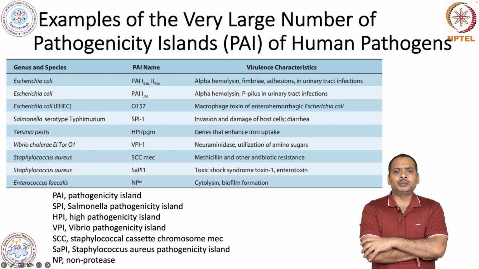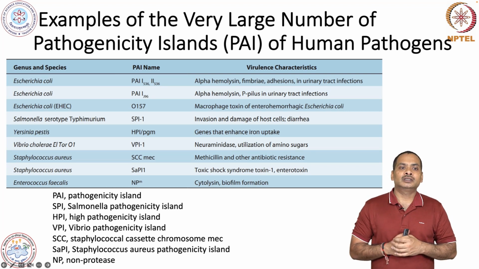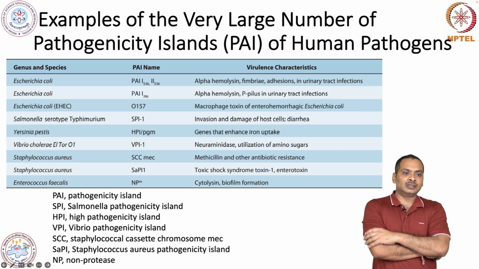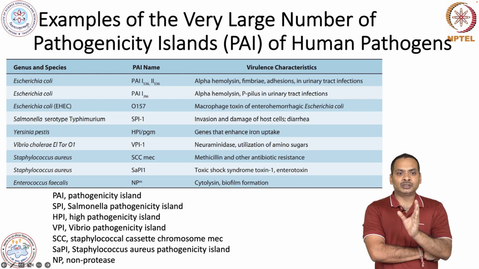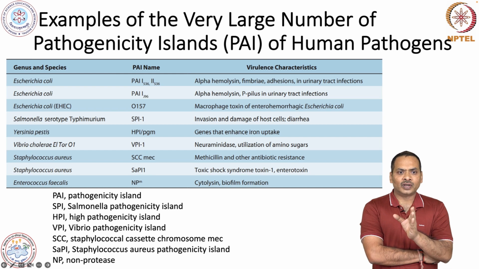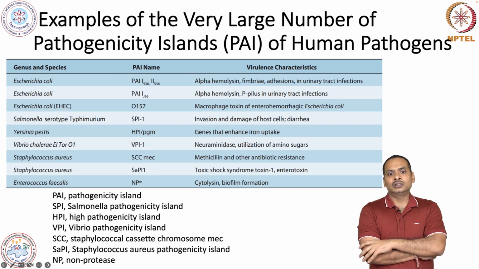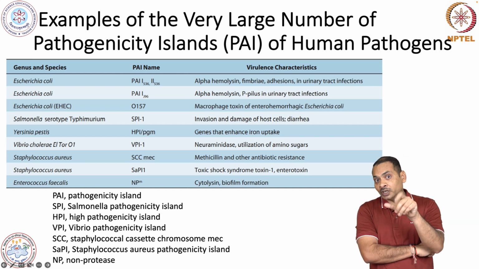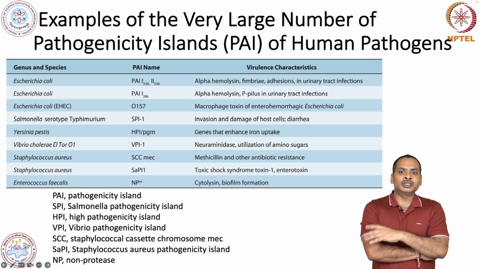There is an example of a very large number of pathogenicity islands of human pathogens. Here again there is E. coli, and pathogenicity islands I 536 and II 536 encode alpha hemolysin and fimbriae. Fimbriae are needed for attachment, adhesion in the urinary tract.